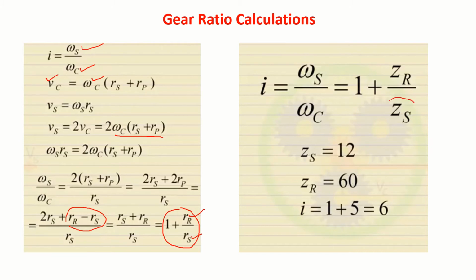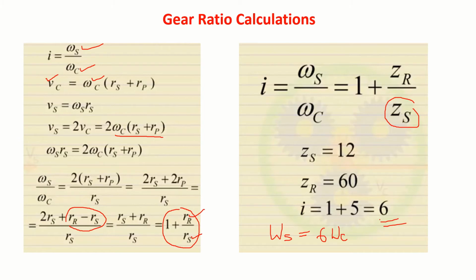If there are 12 teeth on the sun gear, and 60 teeth on the ring gear, then I is equal to 1 plus 5, that is 6. That is, sun gear speed is equal to 6 omega c. Correct? So this is how we get the gear ratio, like the speed ratio.